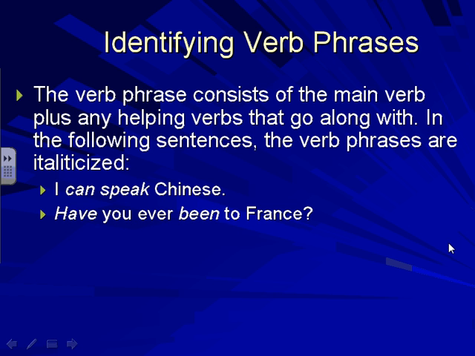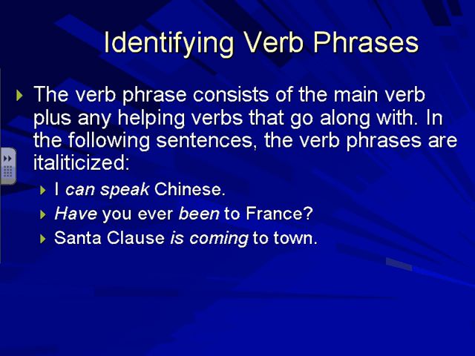Have you ever been to France? In this sentence, the main verb is been. The helping verb is have. And the verb phrase is have been. Santa Claus is coming to town. Look at that. I made a Freudian grammar mistake and misspelled Santa's family name as Clause, C-L-A-U-S-E, rather than Claus, C-L-A-U-S.